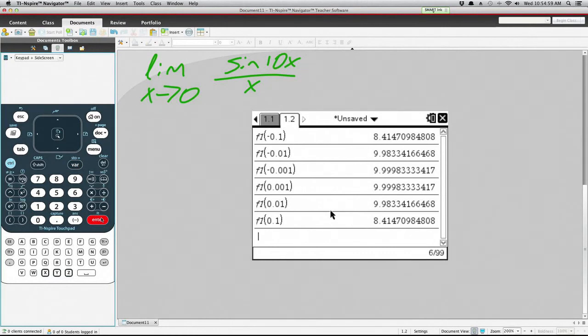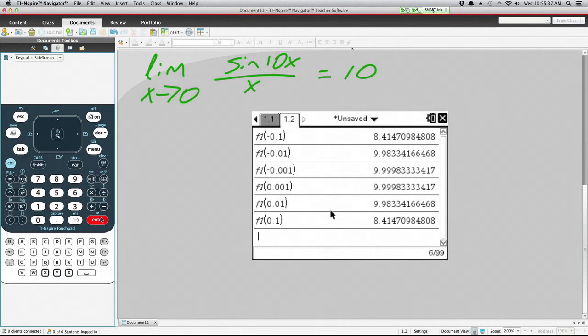So that gives me 8.414, 9.983, 9.999, 9.999, 9.983, and 8.414. So as we should be able to see, what's my limit as we approach 0? Looks like my limit is 10.